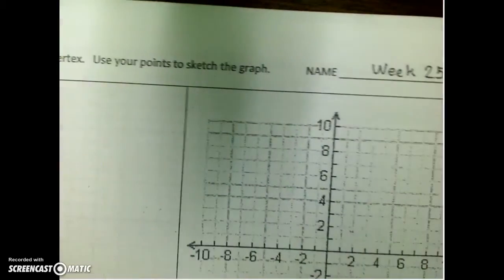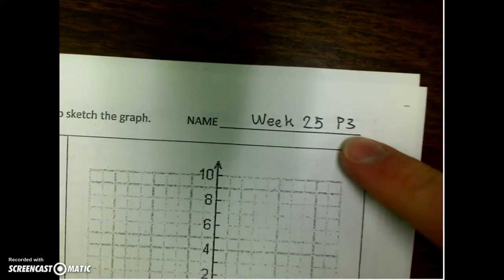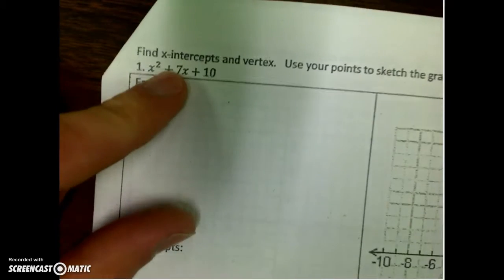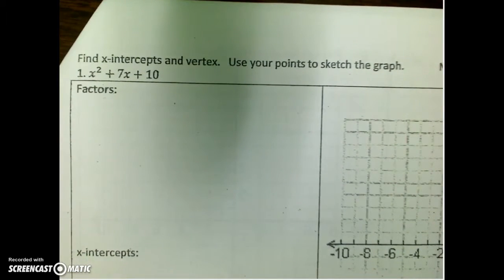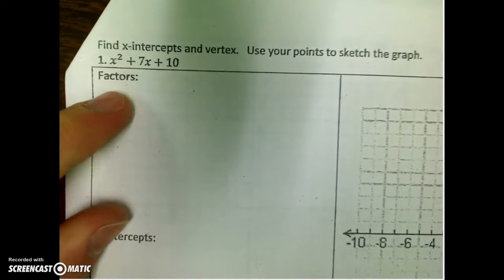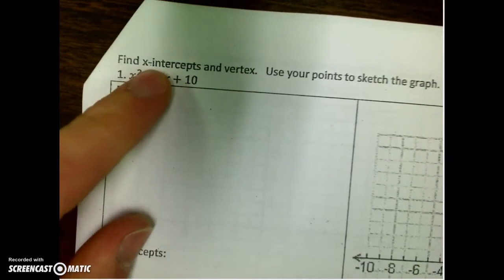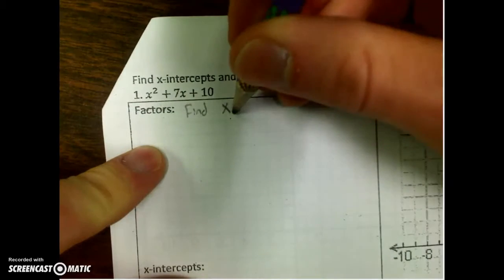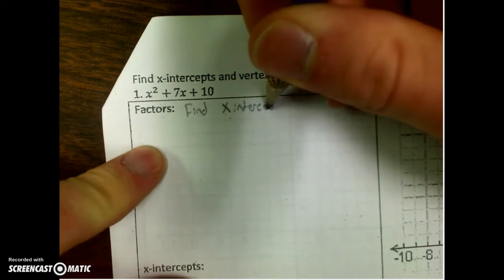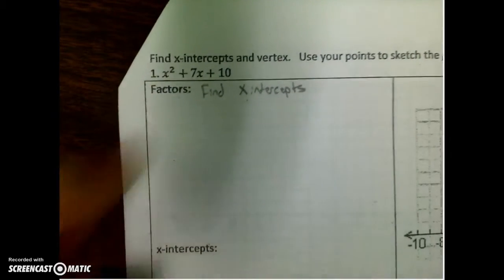All right, so this page here, here's week 25, page 3. It wants us to find our x-intercepts and our vertex and then use the key points to sketch the graph. All right, so factors. That's how we find our x-intercepts, right? Factors is finding our x-intercepts. And this is just like we did on the other page.